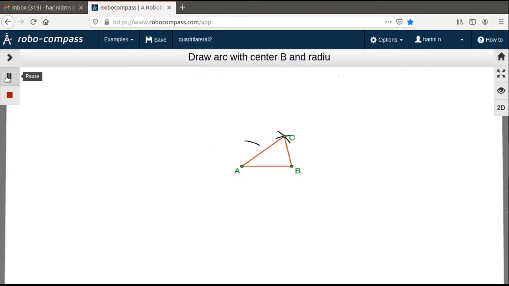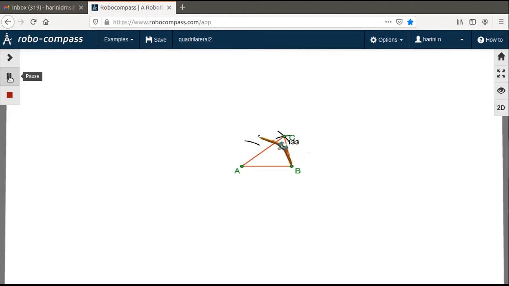Next, with B as center and radius 4 centimeters. All right. So now the center is B and the radius is 4. So you will keep your compass at B and cut the previous arc with a radius of 4 centimeters. So take a 4 centimeters radius in your compass, keep it at B and cut the arc. Now what do you think will be the point of intersect? We are constructing triangle ABD.